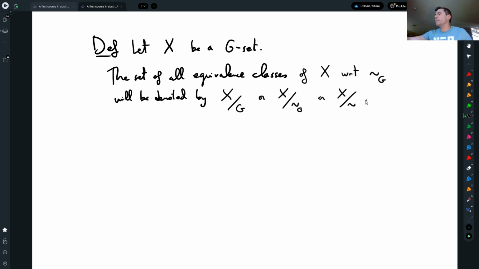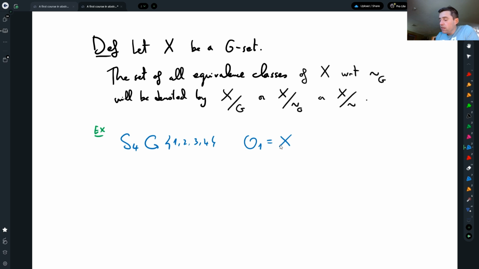So let me give you an example to start. Let's start with the simplest example we've seen, which was S4 acting on 1, 2, 3, 4. Then what are the equivalence classes? We saw that the orbit of 1 is all of X. I get all of X back, all of 1, 2, 3, 4. So there is only one equivalence class.